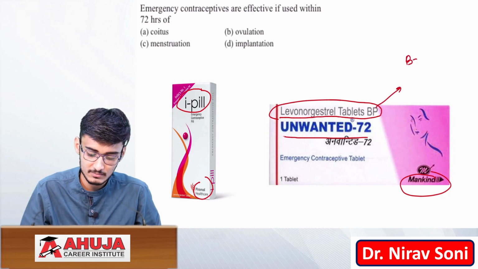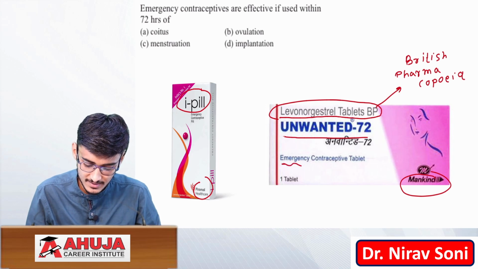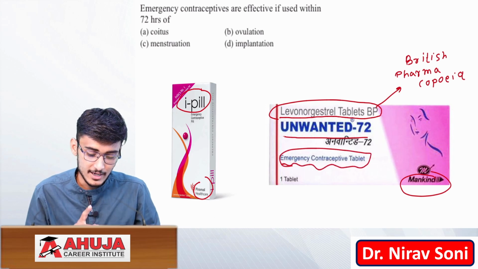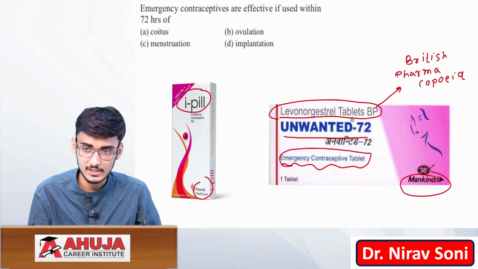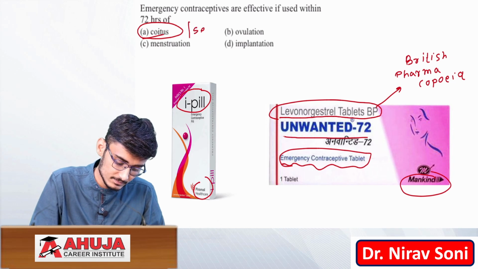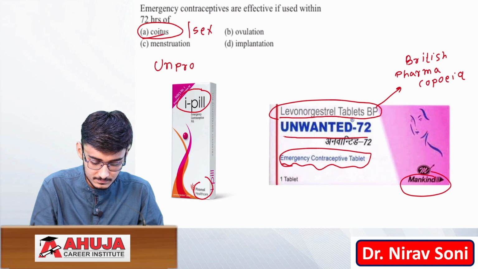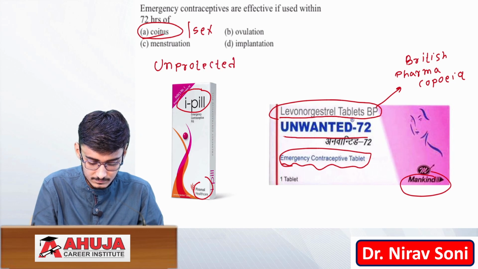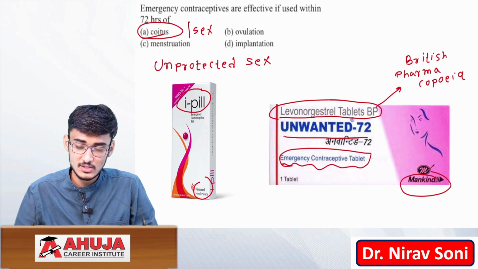British Pharmacopoeia. Emergency contraceptive pills are effective if used within 72 hours of coitus, or unprotected sex. The option A should be right over here.